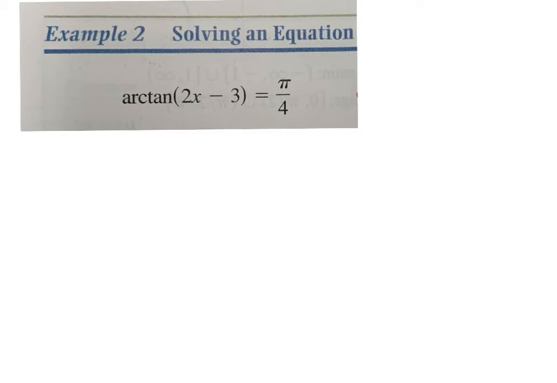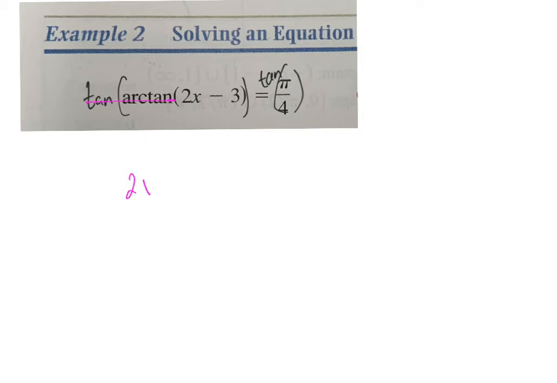All right, so look at the example they gave us here. Solve this equation: the arctangent of 2x minus 3 equals pi/4. Well then just take the tangent of both sides. The tangent of this side and the tangent of that side, right? And so my tangent and my arctangent cancel each other out.